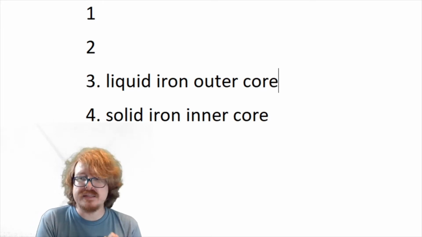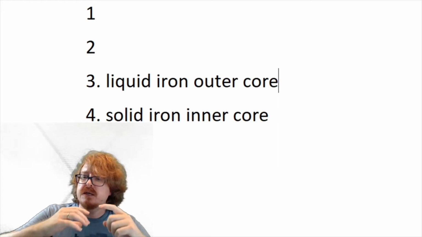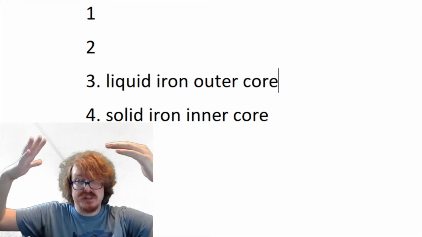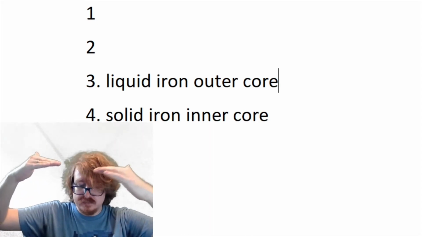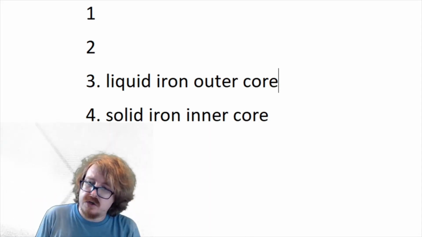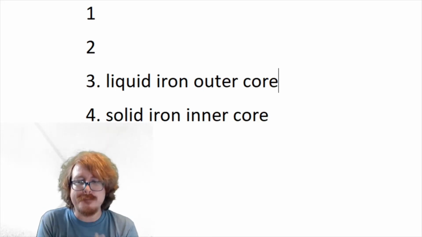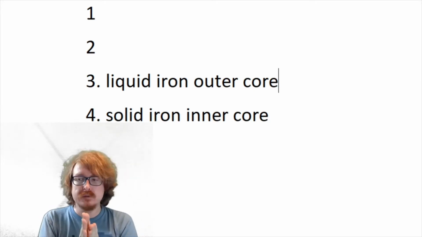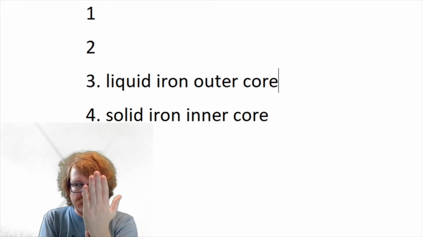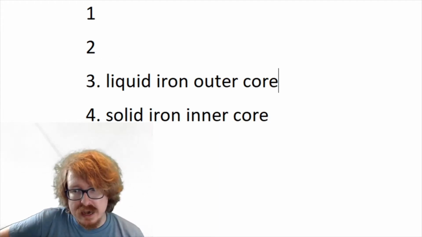And it's basically the same as the solid iron inner core, except the inner core is solid and the outer core is liquid. Okay. But they're made of the same thing. So iron and nickel, and it's pretty much all metal in there. It's not a lot of what we call rock. Okay. And I'll explain what I mean about that when I get to the next layer. Okay. So solid iron inner core, liquid iron outer core.